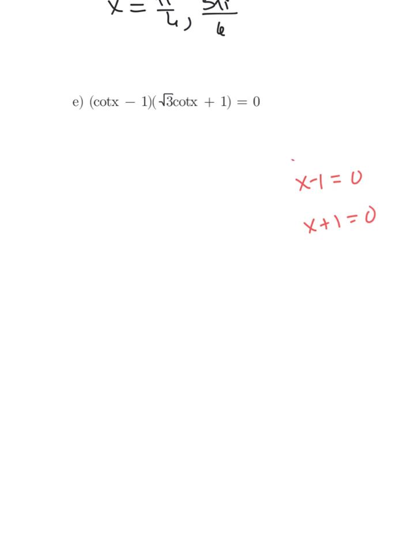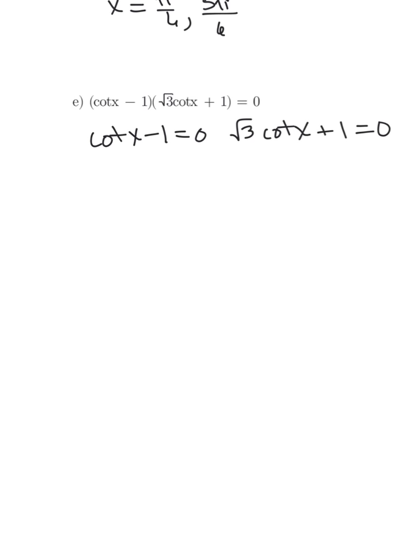So we are going to take each of those quantities and set them equal to 0. So we're going to do the cotangent of x minus 1 equals 0 and square root of 3 times the cotangent of x plus 1 equals 0. What this does is just give us 2 equations that we have to solve. On the left-hand equation, we just need to add 1 on both sides and it will be solved.